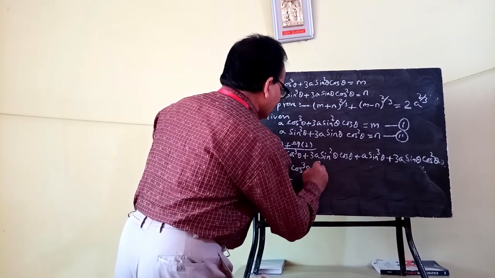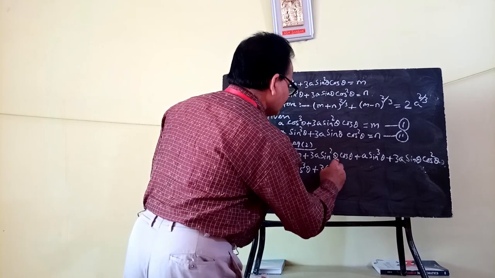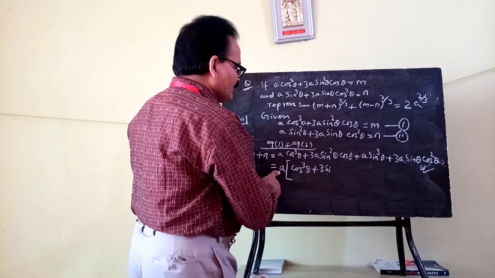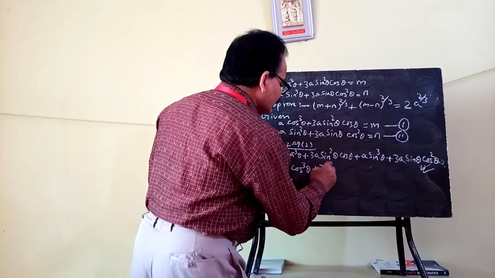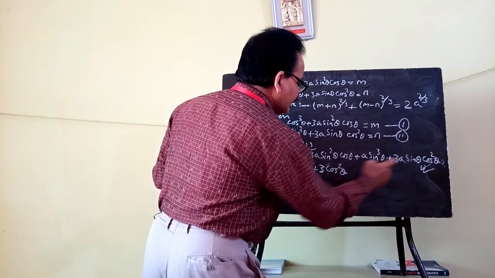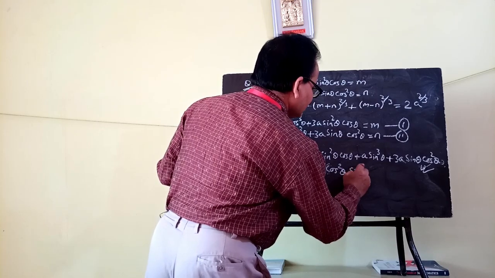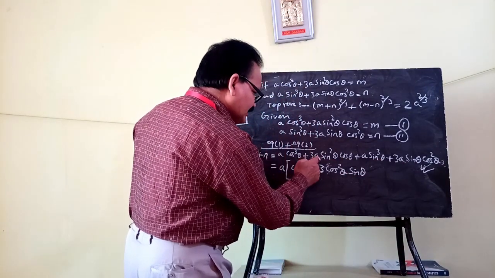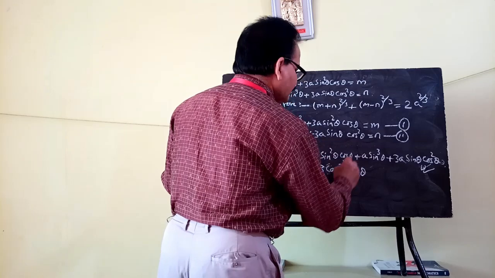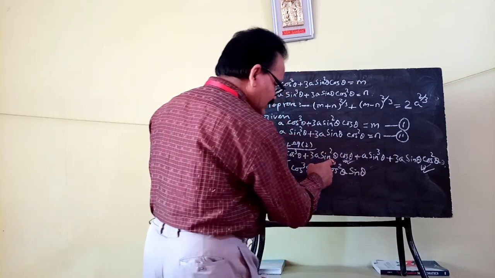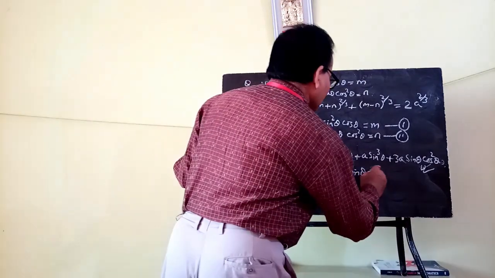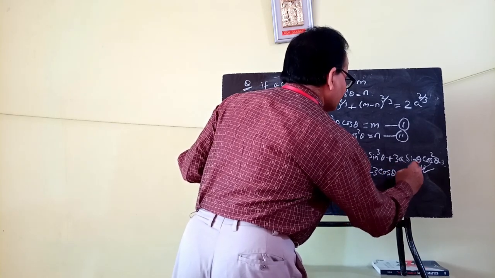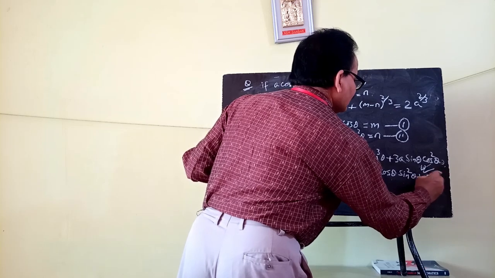Here it is cos cube theta plus 3 cos square theta into sin theta, then plus 3 cos theta into sin square theta plus sin cube theta.